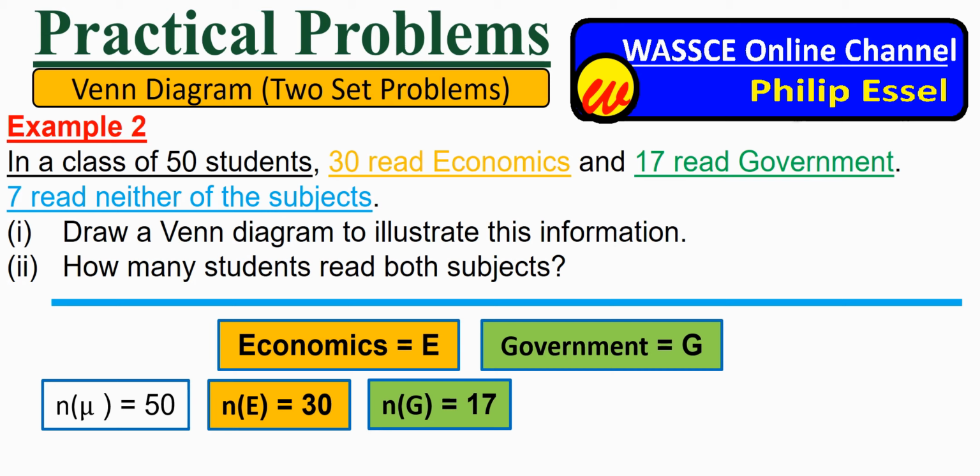It's important information. So the number of students who did not read any of these 2 subjects will be represented this way. Here we represent this information by (E union G) complement, that's economics union government, all in brackets, complement.